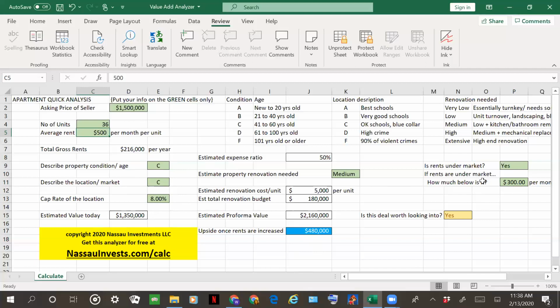And yet, because the rents are under market by $300 per month per unit, if you spend $5,000 to increase the rent by $300 a month per unit, you can make almost $500,000 in upside, and therefore the deal is worth looking into. Then you ask for the T12 and the rent roll, and you do a deeper analysis. If it's still good with that, then you proceed further, and so on.